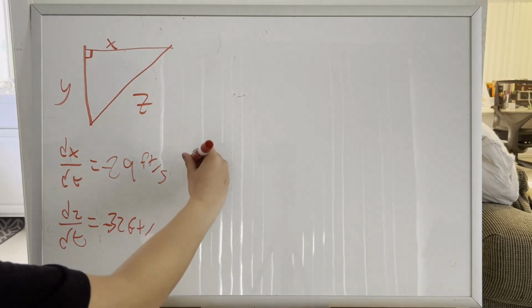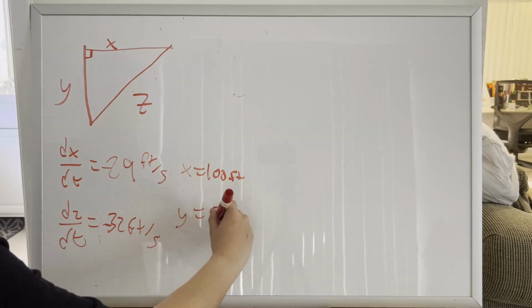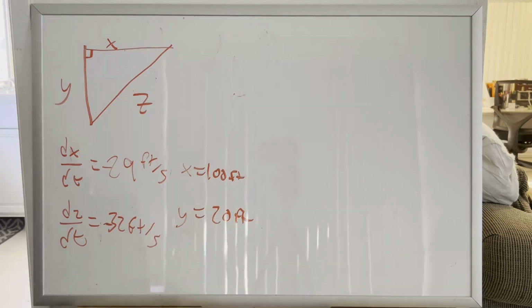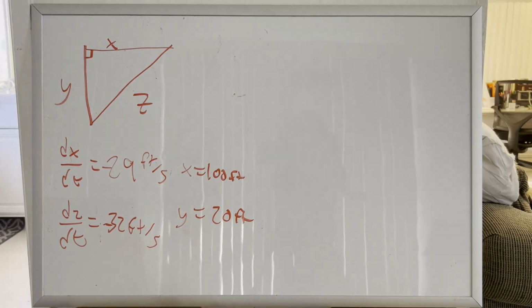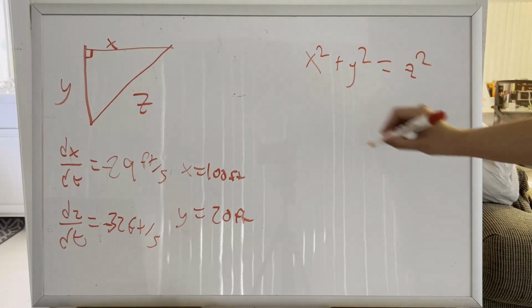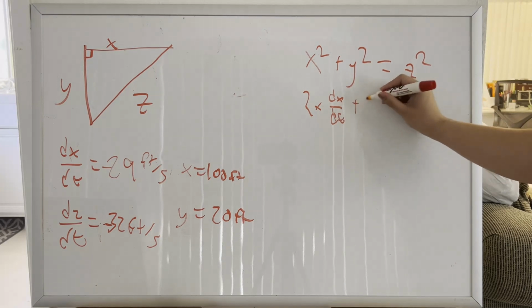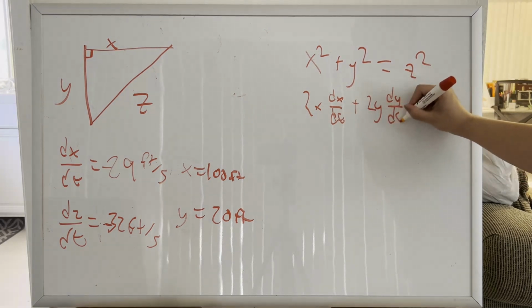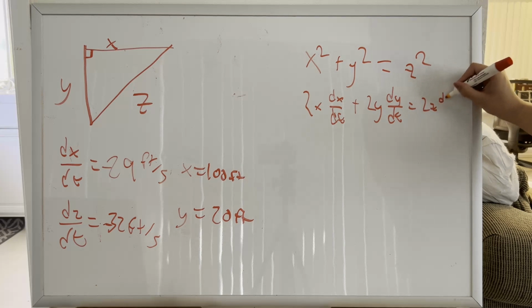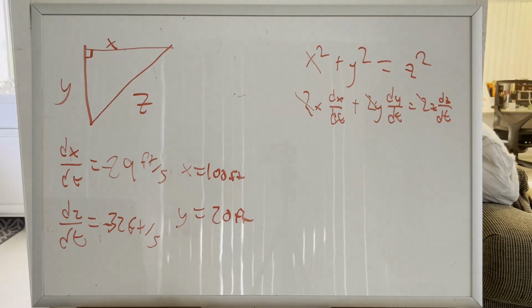And it's negative. Okay. So the distance between the car and the baby is 100 feet, and I'm 20 feet away from the baby. So if we use the Pythagorean theorem, we get x squared plus y squared equals z squared. When we differentiate that, we get 2x dx/dt plus 2y dy/dt equals 2z dz/dt. So we can just cancel out the 2's.